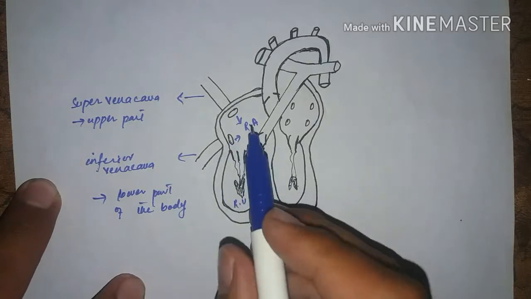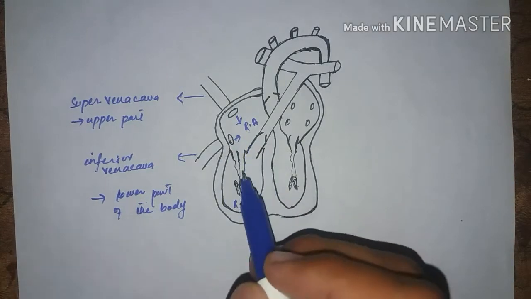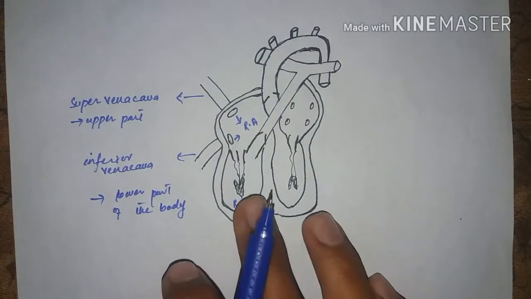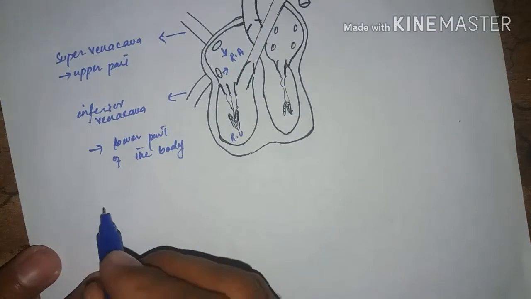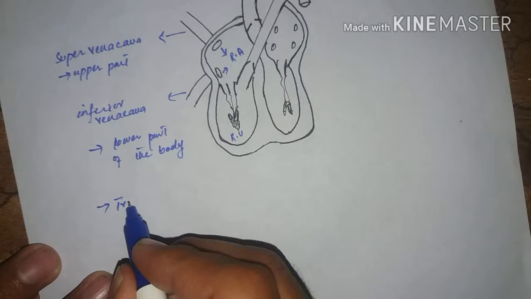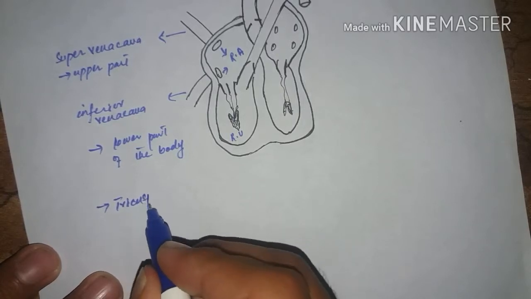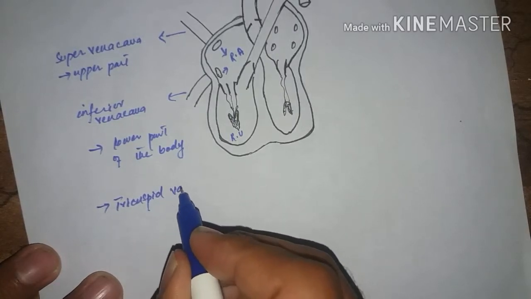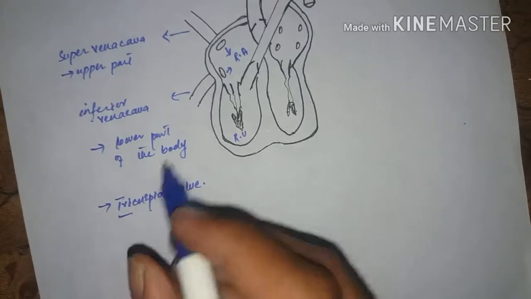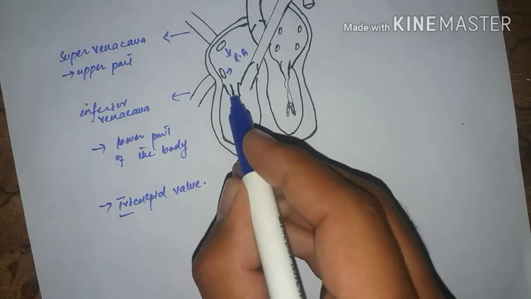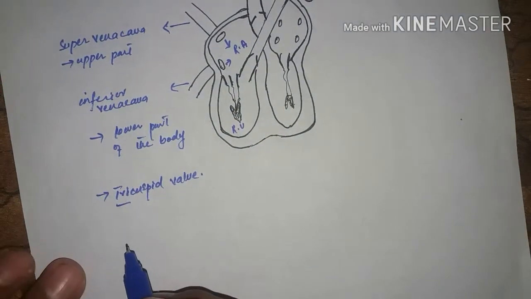When the deoxygenated blood comes to the right atrium, it pumps it to the right ventricle. There is a valve known as tricuspid valve. Why is it known as tricuspid valve? Because there are three flaps in that valve.